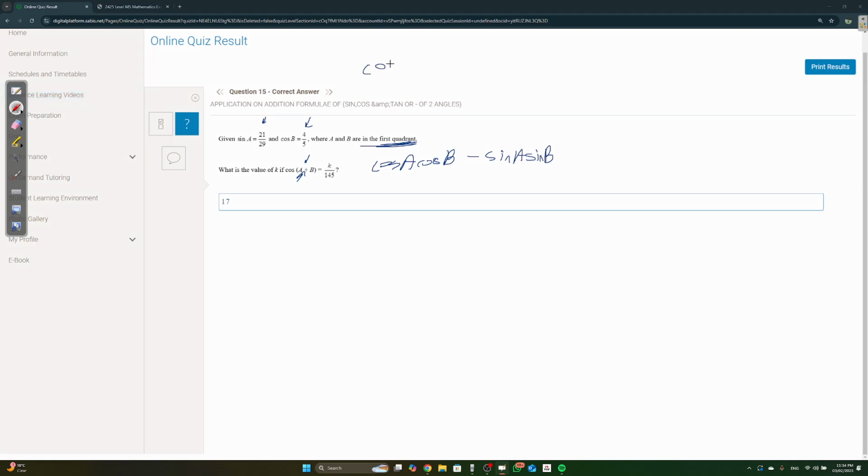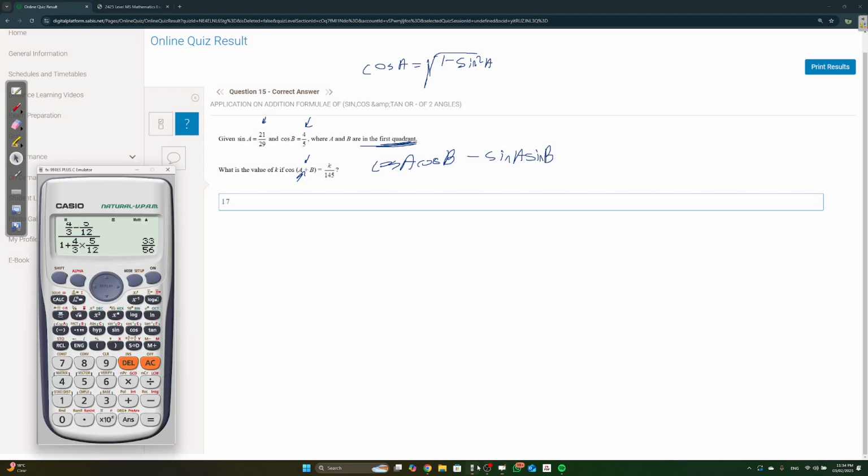Let's first find cosine A. Cosine A is square root 1 minus sine squared A, right? So you can do square root 1 minus 21 over 29 squared. So you get 20 over 29.